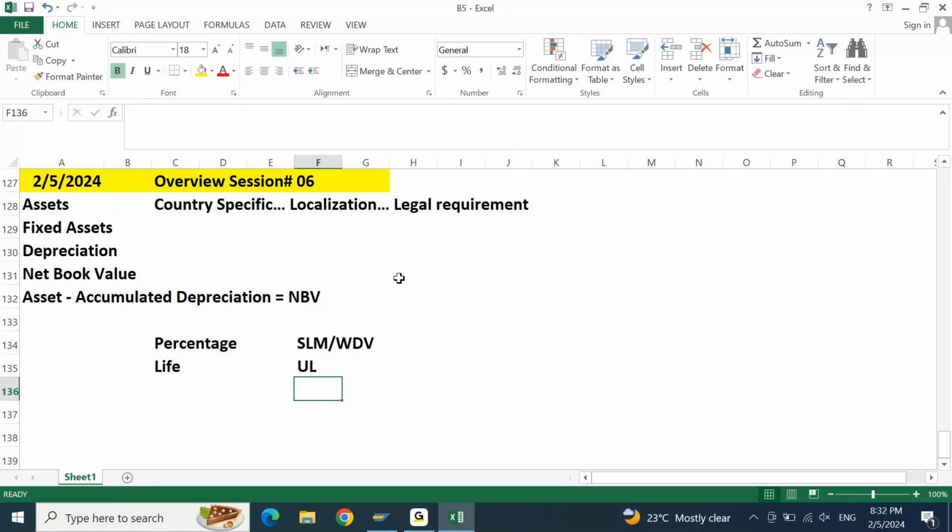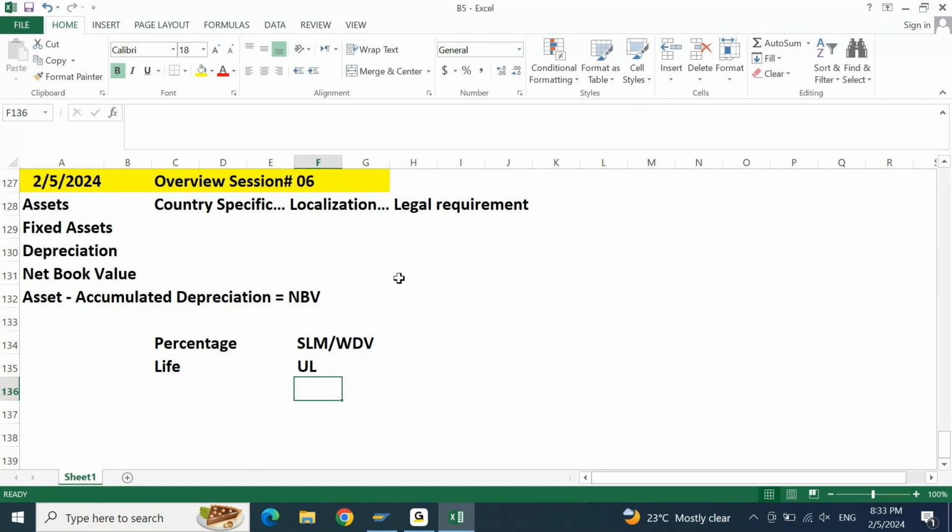Either way you need to account your depreciation, meaning depreciation can be posted either on a monthly basis or on a daily basis. If you are posting on a monthly basis, every month you will get equal depreciation because you are dividing by 12 months. If you are distributing on a daily basis, you will get a different depreciation every month.